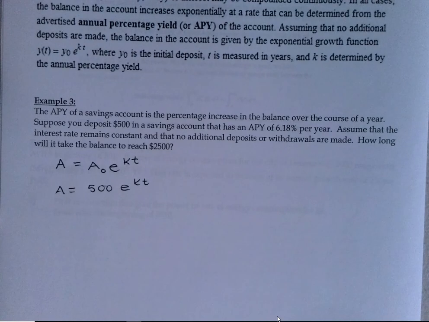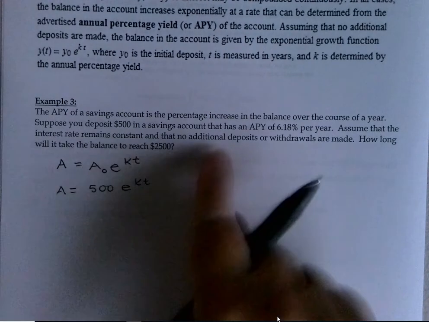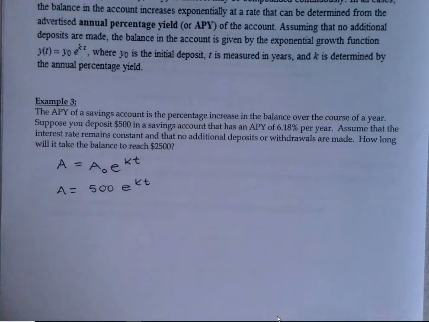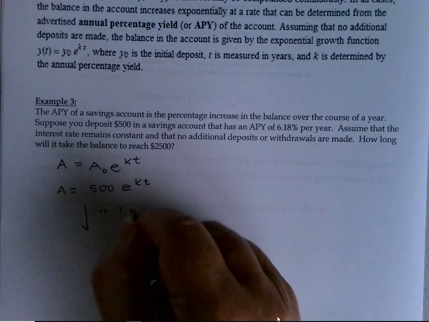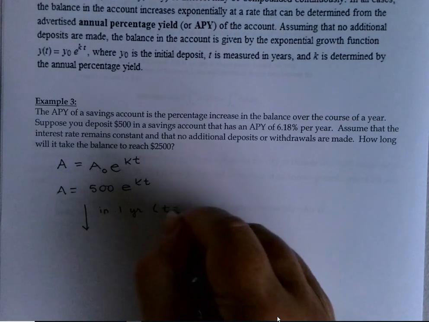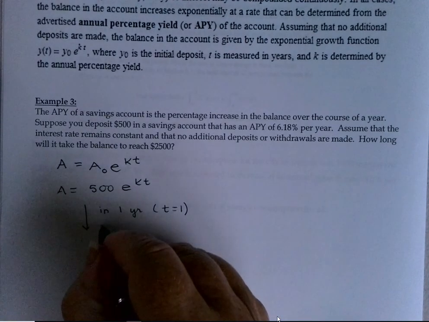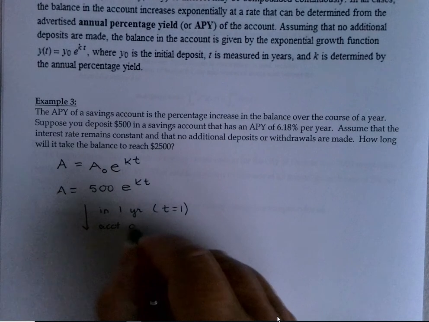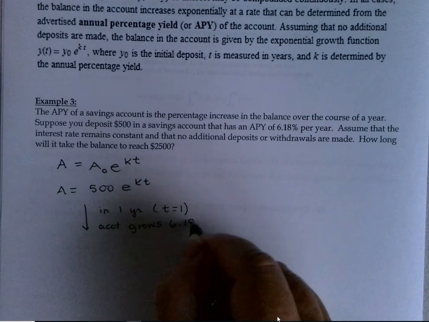Now, just like the last problem we did, we need to figure out k. So in order to do that, I'm going to use this information about the APY. I know that in 1 year, so t equals 1, the account grows 6.18%.